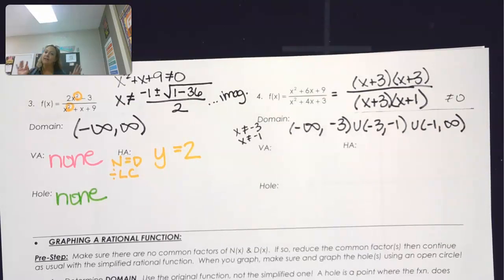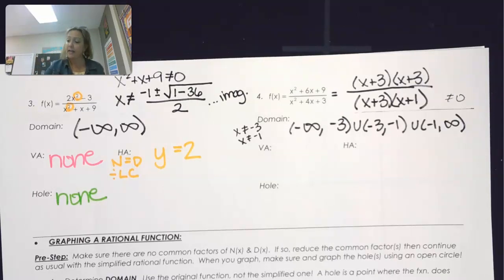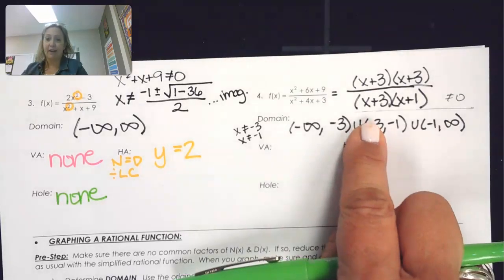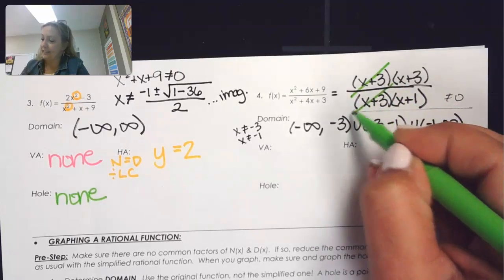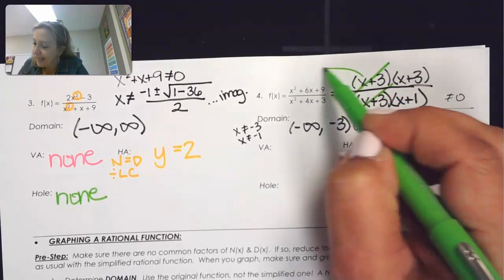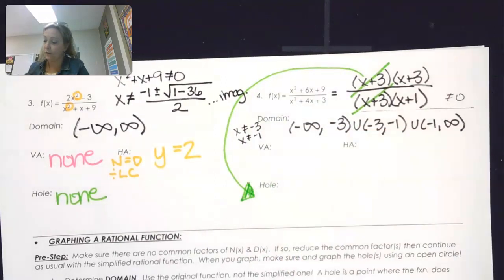But before I look at the idea of the vertical asymptote, we do need to think about our common factors. We didn't have any in the other questions, but do you see in this question that x plus 3 is a common factor? That means this is going to cancel out, and what that's going to do is give us a hole.